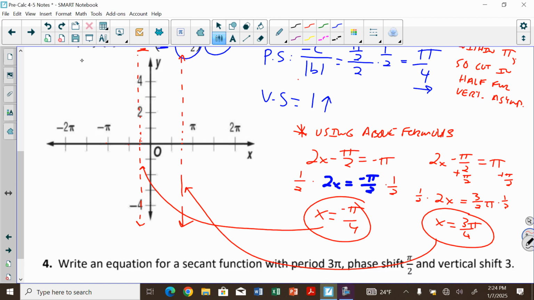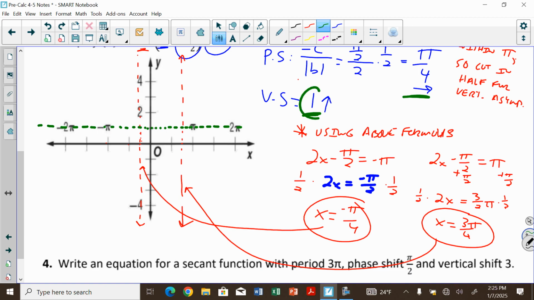But to graph it, I think the easiest way is to use the reciprocal one, the sine, right? So the sine function, remember, we've got a vertical shift and a phase shift of pi over 4. So our vertical shift means that we're going to go up one. And so we're going to have a midline that's going through 1, because usually the midline is 0 as the x-axis.